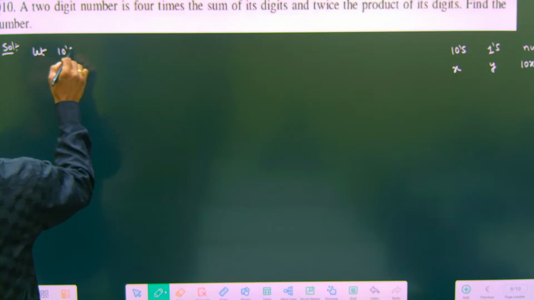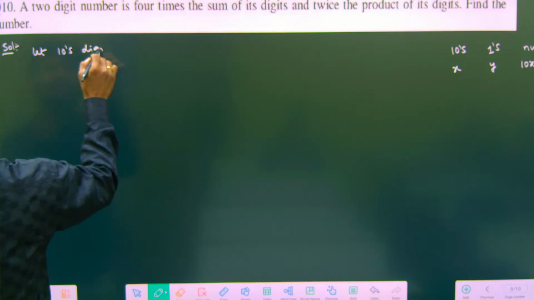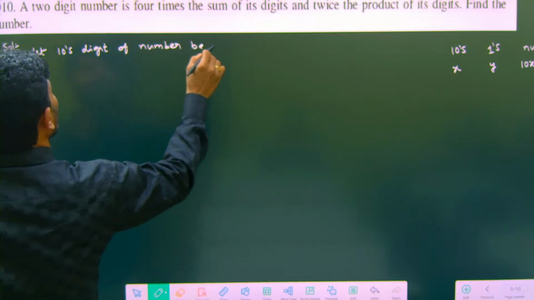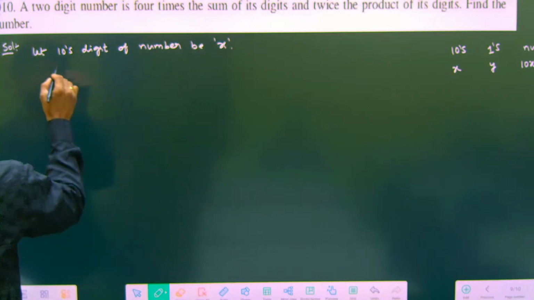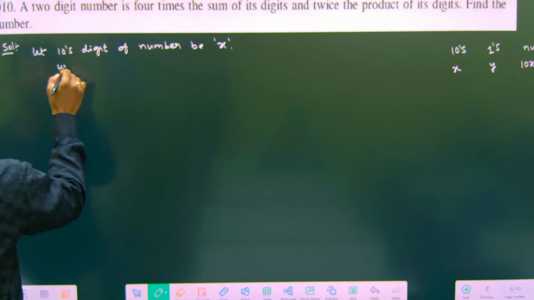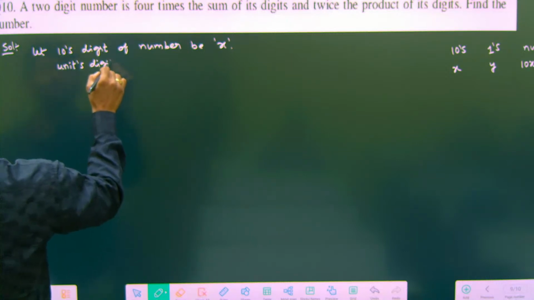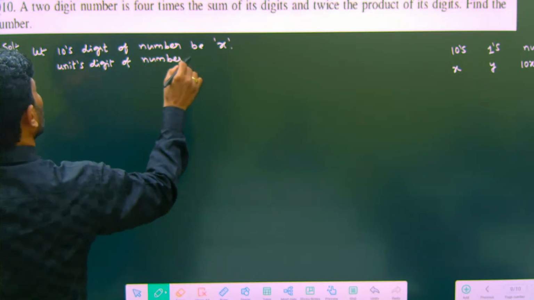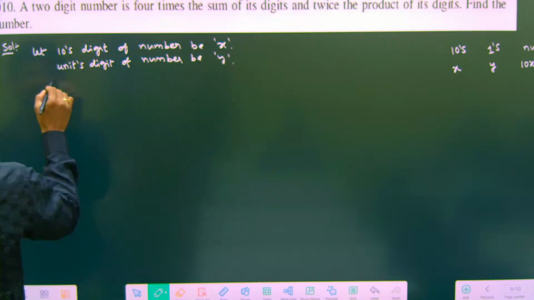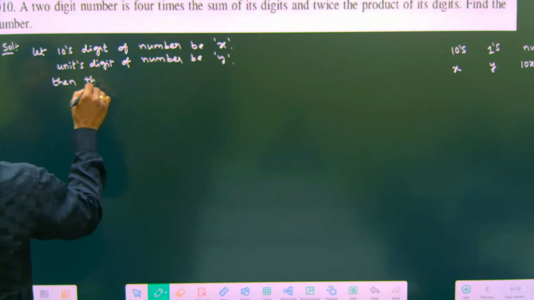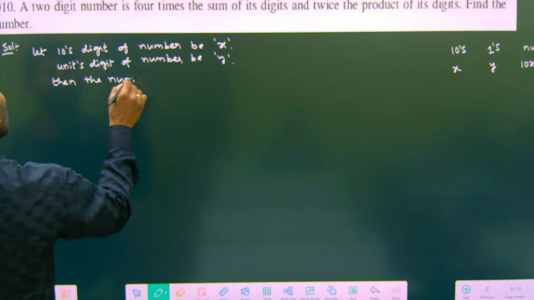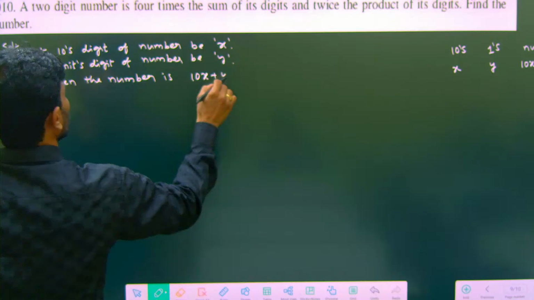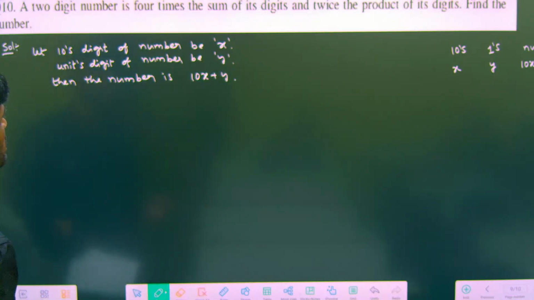Let the tens digit of the number be x and the ones digit or units digit of the number be y. Then the number is 10x plus y. But what we said, the number is 4 more than the sum of the digits.